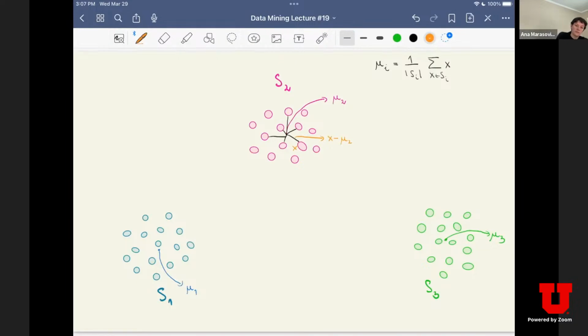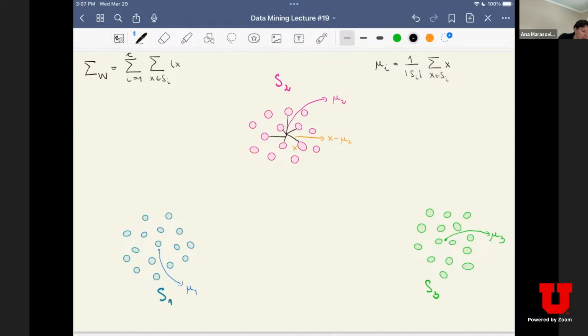All right, so we are going to define matrix sigma w, for within, one of these subsets corresponding to a certain class. We are going to go over each one of these blobs. We are going to have C of them. Here we have 3. For each one of them, we are going to look at its points, so x element of Si.